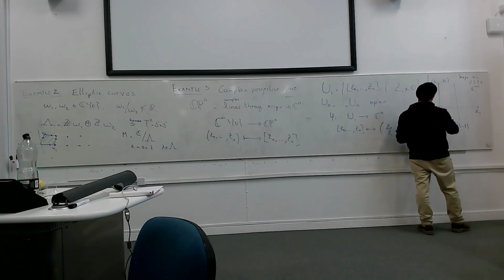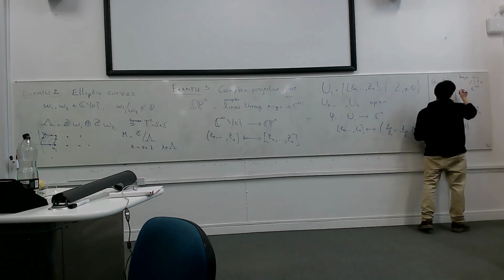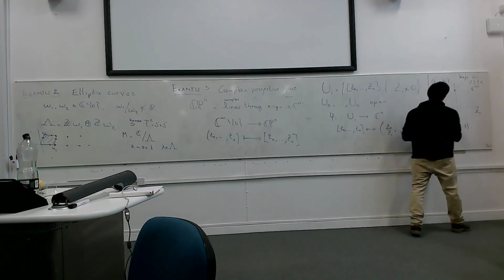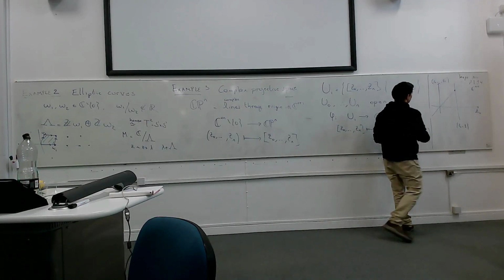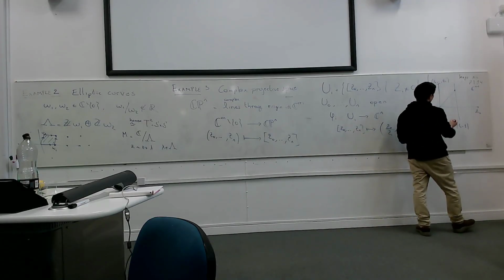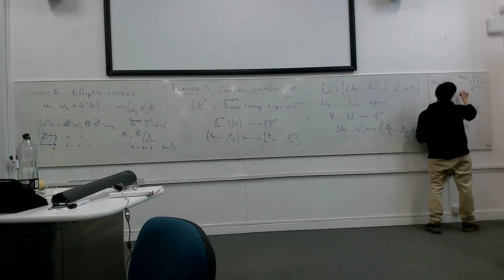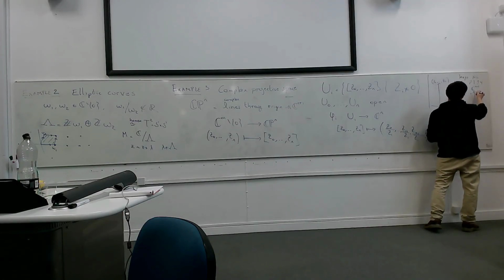If we have a line, we are just looking at the point of intersection of the line with this affine space. The coordinates of this point will be 1, Z_1/Z_0, up to Z_n/Z_0.